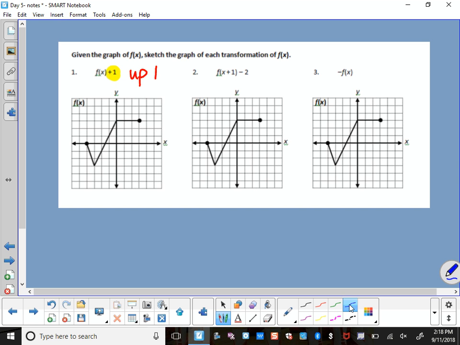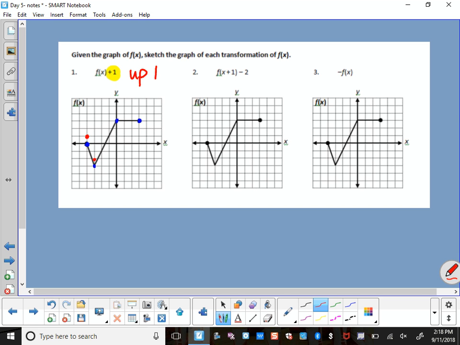What I want you guys to do is bold these 4 vertices of where it changed direction. And I'm going to go up 1. That's what my function says. Function plus 1. So for my first dot, I go up 1.